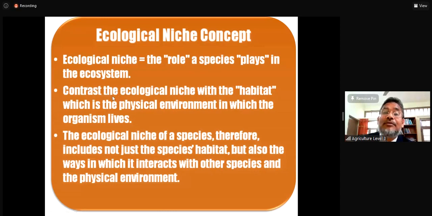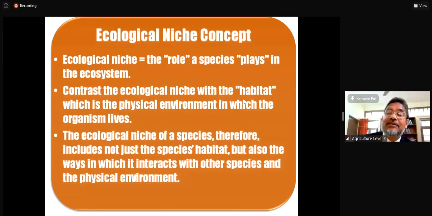Now, contrast the ecological niche with the habitat. Can you contrast or differentiate between these two, ecological niche and the habitat? Habitat is the physical environment in which the organism lives.